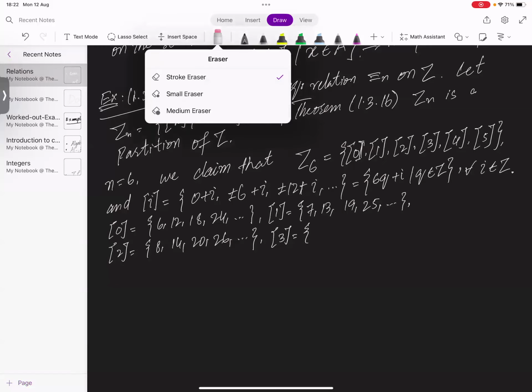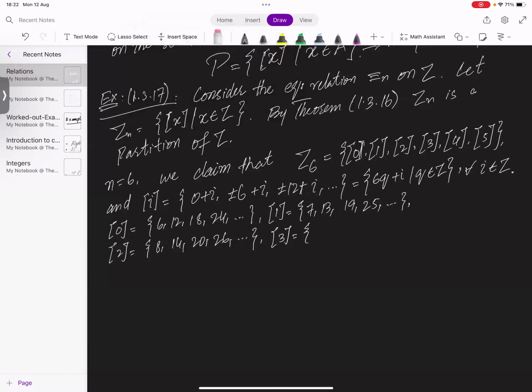One more thing I want to say is that this is also equal to the following one. You can see if I divide 7, 13, 19, 25 by 6, I get the remainder 1.